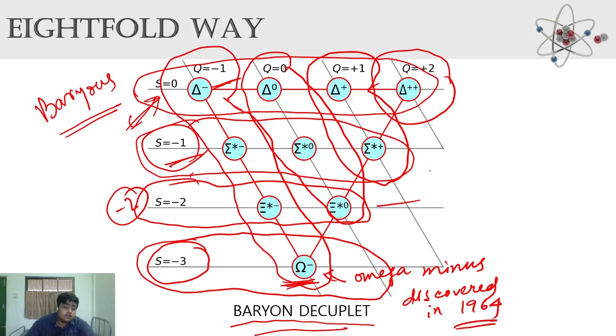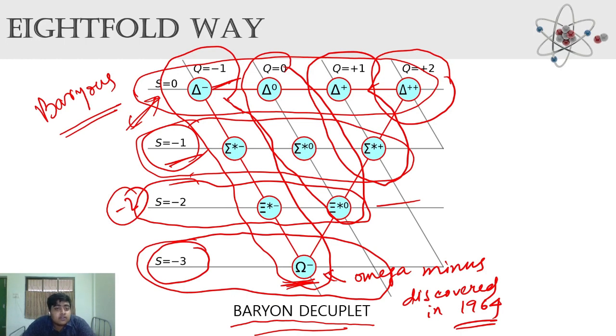That's all for the eightfold way. It was just a brief introduction to this topic because I thought that people who are reading about quarks need to know about the eightfold way. Now, there's a nice story behind the formulation of the eightfold way.